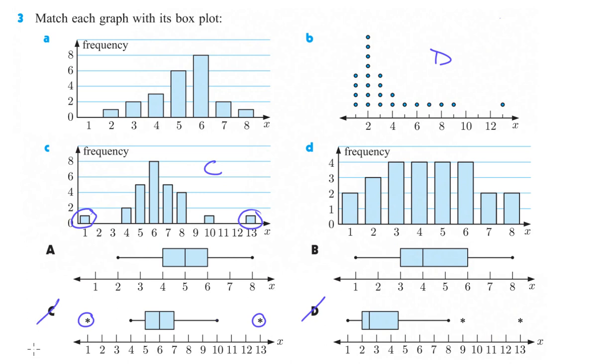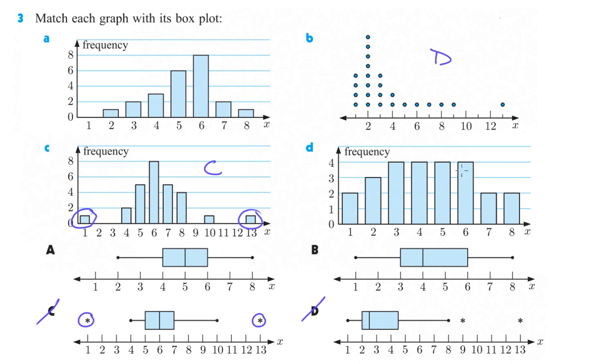So we've gotten a couple of them taken care of here. And then these are pretty close to the same, aren't they? The only thing is that the data is a little farther spread out between the 3 and the 6, where the data is pretty tightly packed between the 4 and the 6 for these. 4, 5, and 6, that's the tighter packed data, so I'm thinking that's going to go here. 8 is the highest, 2 is the lowest, and over here 1 is the lowest and 8 is the highest.